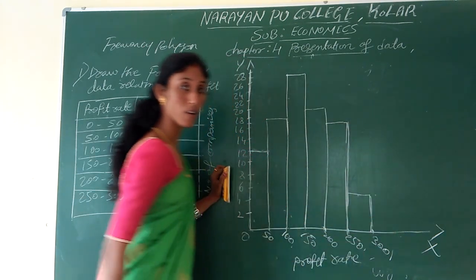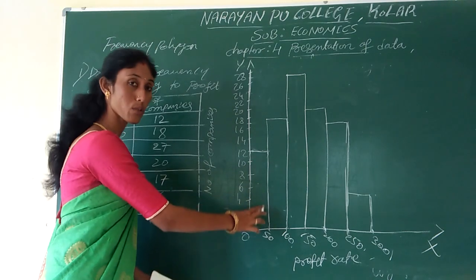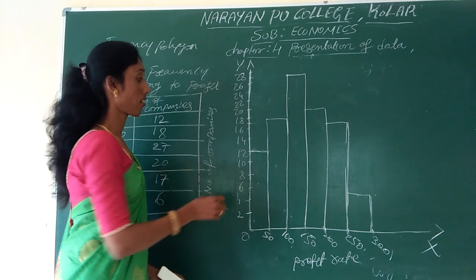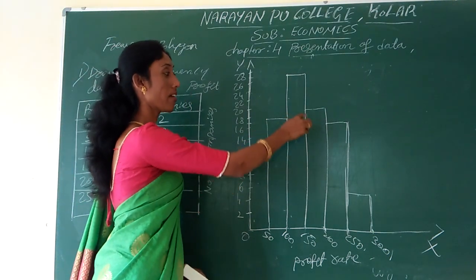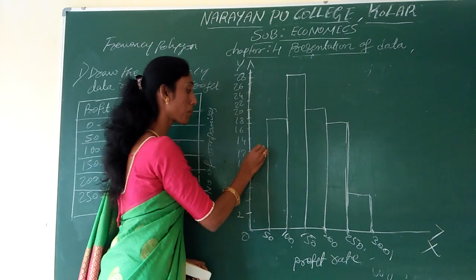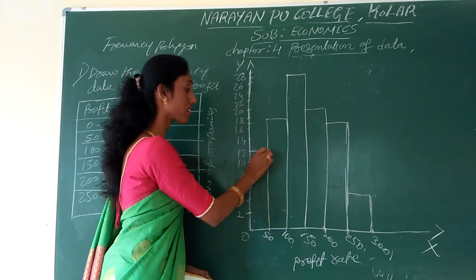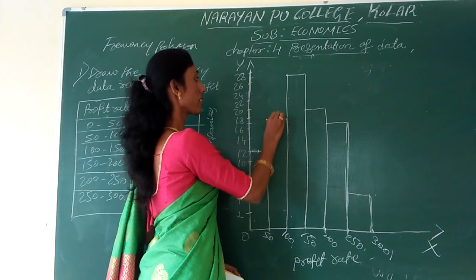Yes. Now you understood, right? This is the simplest method. First we need to draw the histogram. Then we need to join the midpoints of the top side of the rectangles. What are the midpoints? We need to find the midpoints on the top side of a rectangle. This is the midpoint.